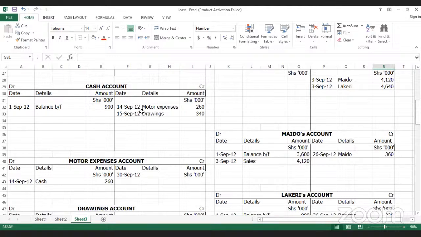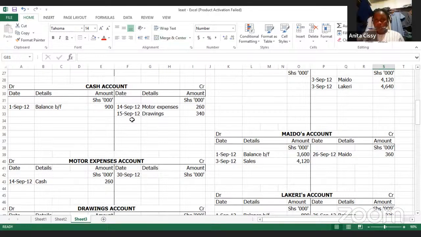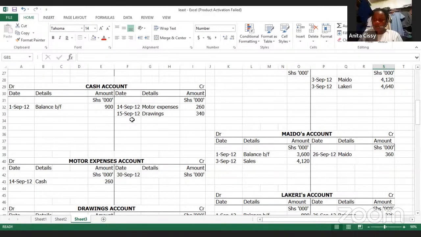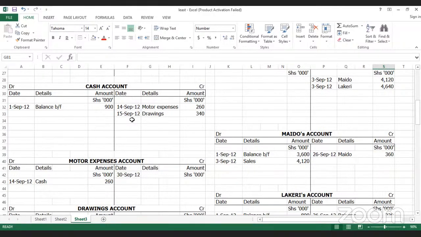We are going to start with the cash account. Everyone move to your cash account. Let us all go to the cash account. We balance it. We look at the cash balance. Which side is bigger?